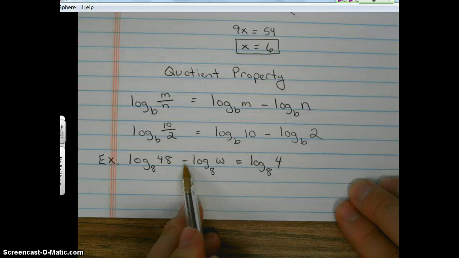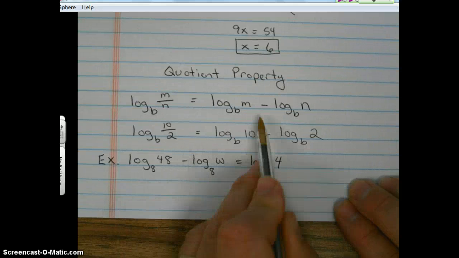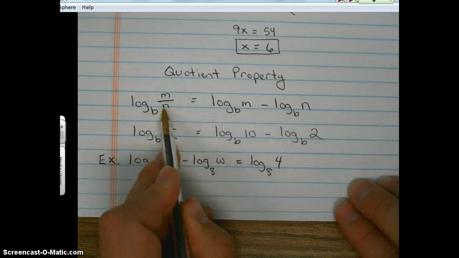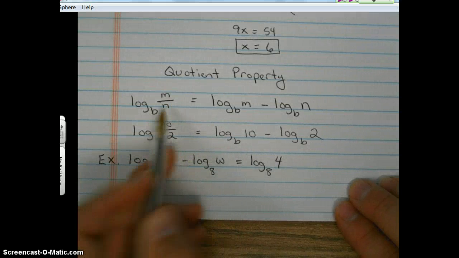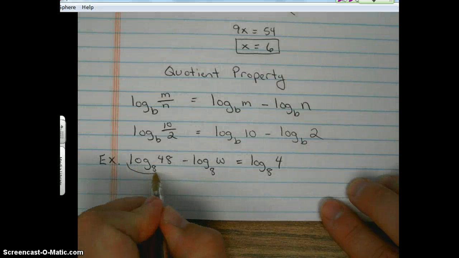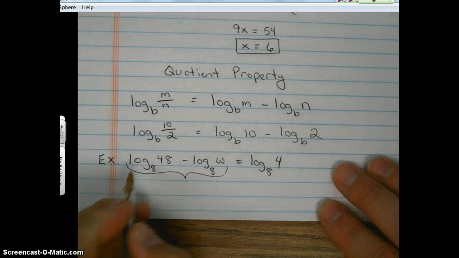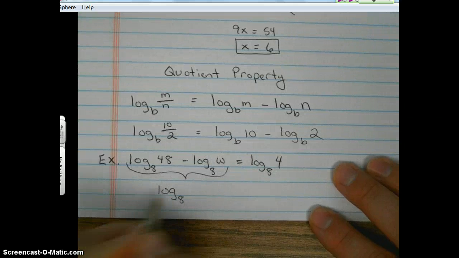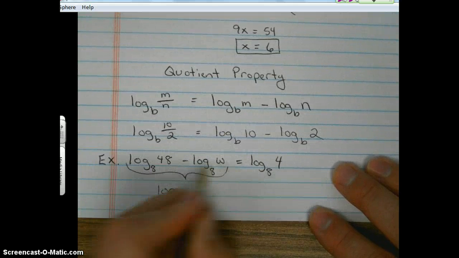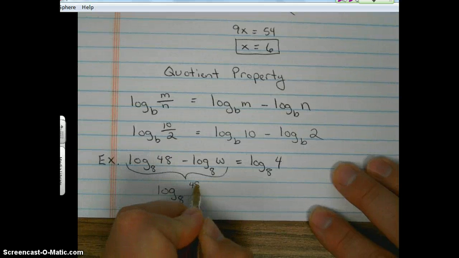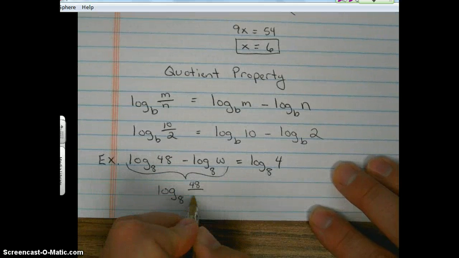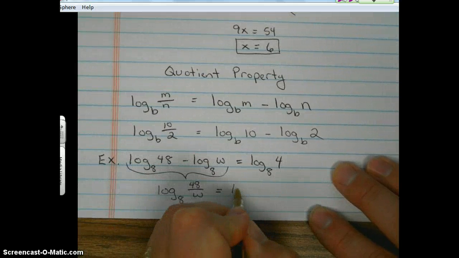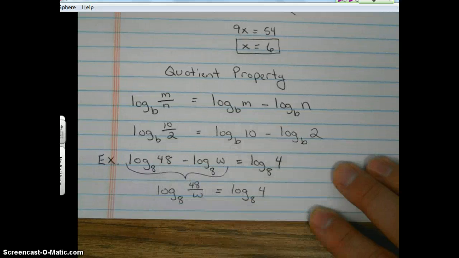Since it's subtraction, we are going to divide the arguments. So when solving this, the bases are the same, log base 8, and we're dividing the arguments, so 48 on top, first number on top, w on the bottom, and that is equal to log base 8 of 4.